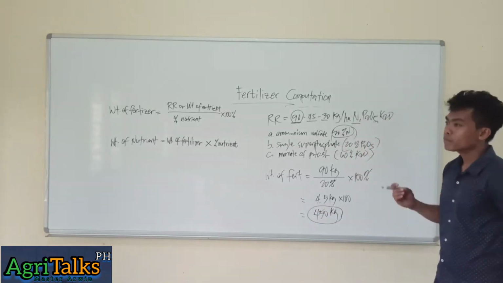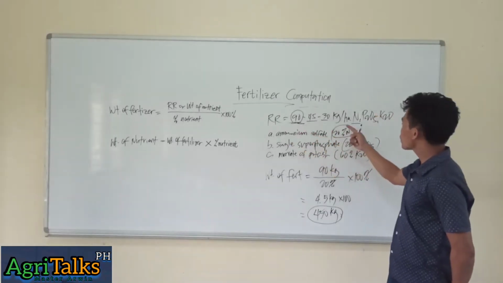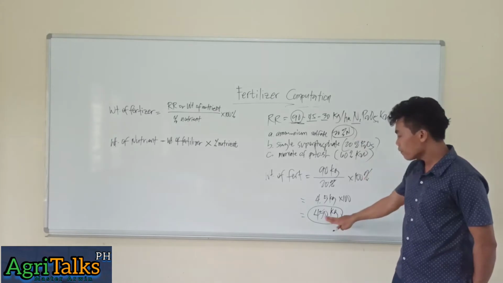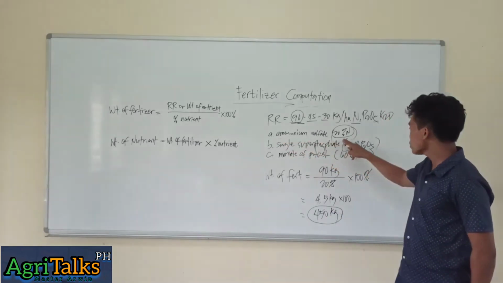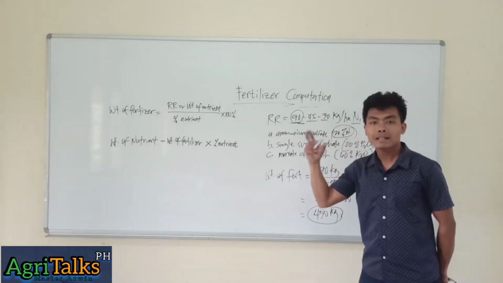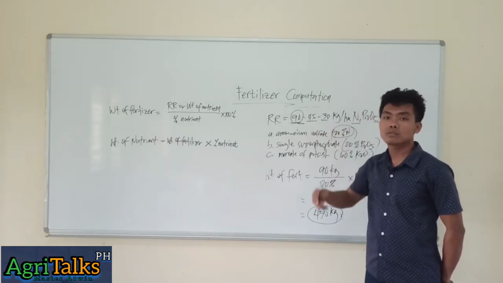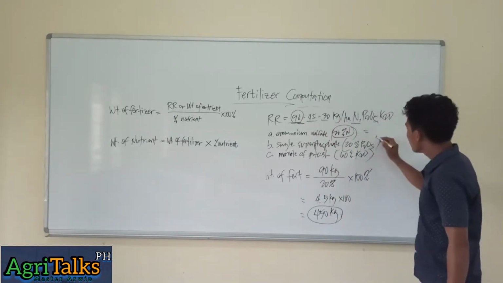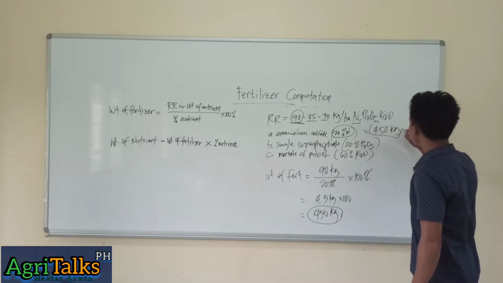So this means if your soil requires 90 kilograms of nitrogen, you should apply 450 kilograms of ammonium sulfate to supply the needed amount of this nitrogen or this nutrient. Okay? So this would be 450 kilograms.